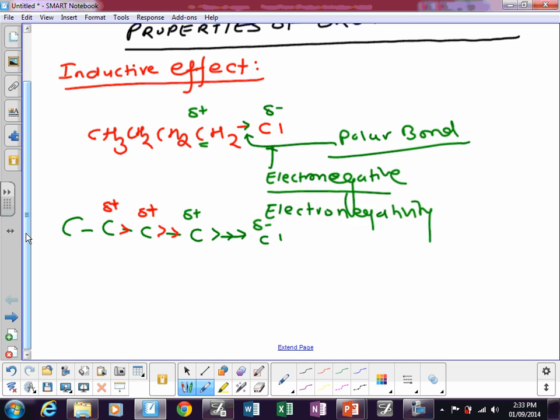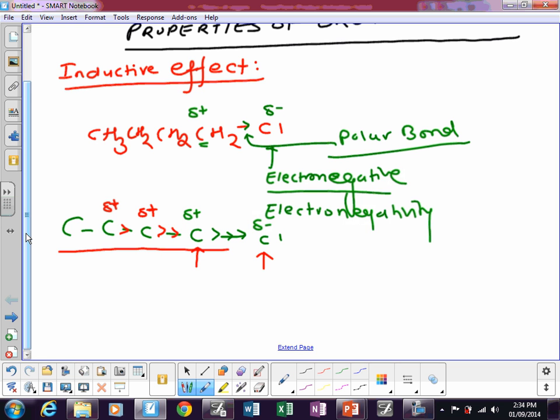The bond between this chlorine and carbon was polar, but that polarity has spread throughout the chain, and consequently the carbon pulls the electron of the nearby carbon, and that pulls the electron of the nearby carbon.